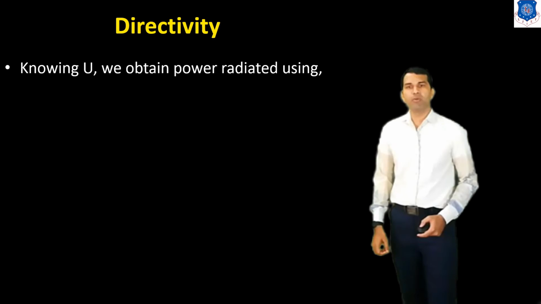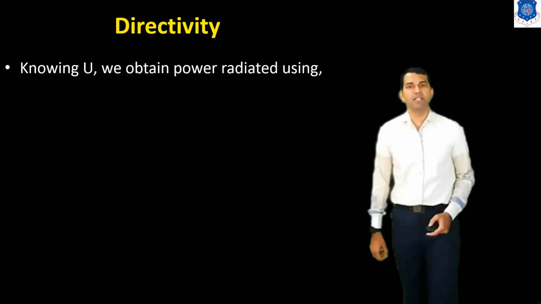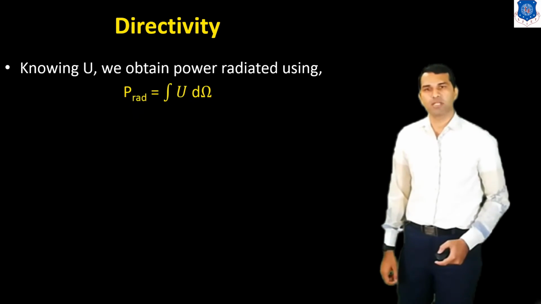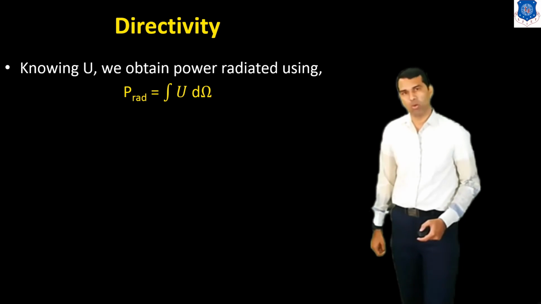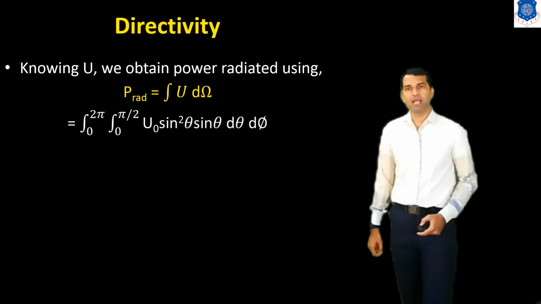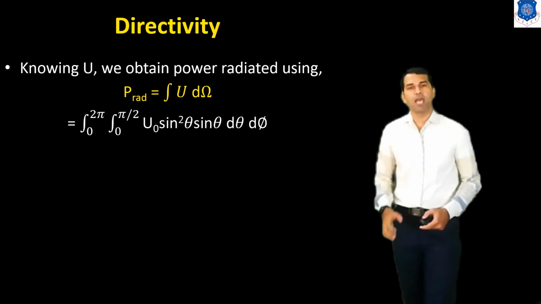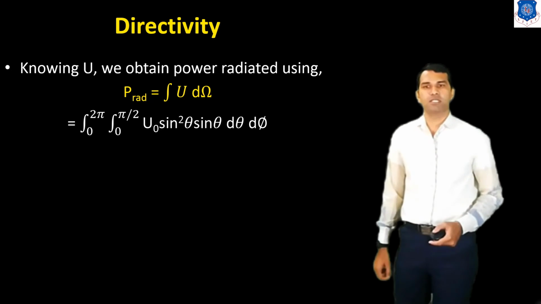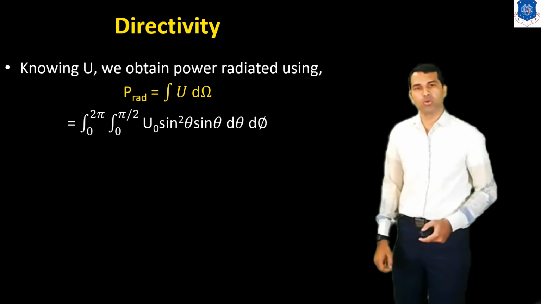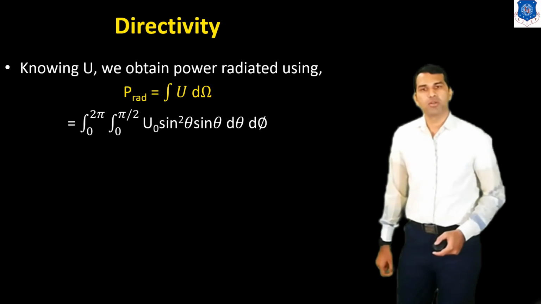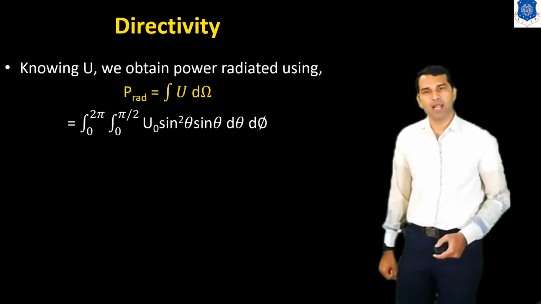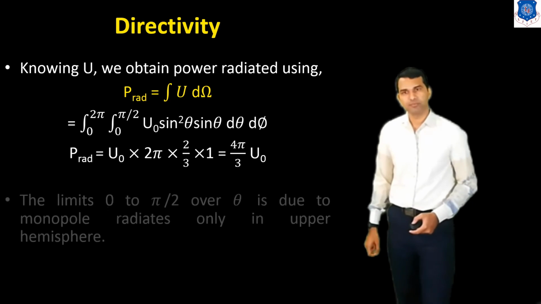Knowing U, we obtain the power radiated using this equation: P radiate is equal to integration of U d omega. We can write the power radiated in the spherical coordinate system. Here we write the first integration 0 to 2 pi, the second integration 0 to pi by 2, because this is a monopole antenna, U0 sin square theta sin theta d theta d phi.